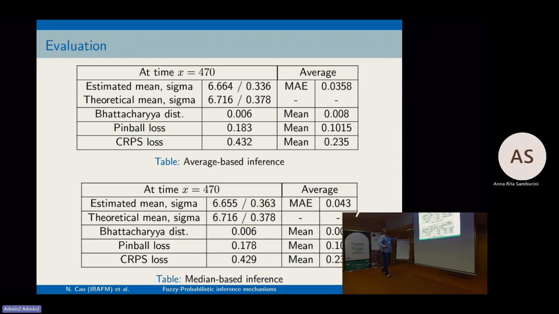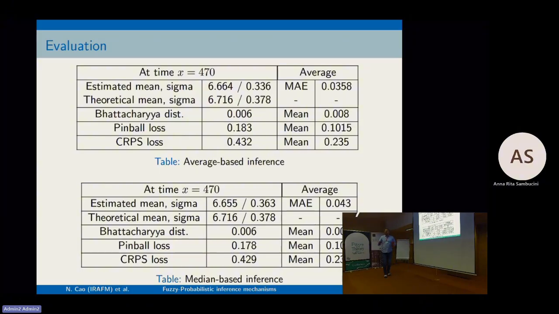And here is some summary. We can compare it using some theoretical mean, sigma, and for example here we get almost the same results for both. But we also have other criteria like pinball loss or CRPS, continuous rank probability score loss. And we can see that, for example, here, the median-based inference is slightly better.